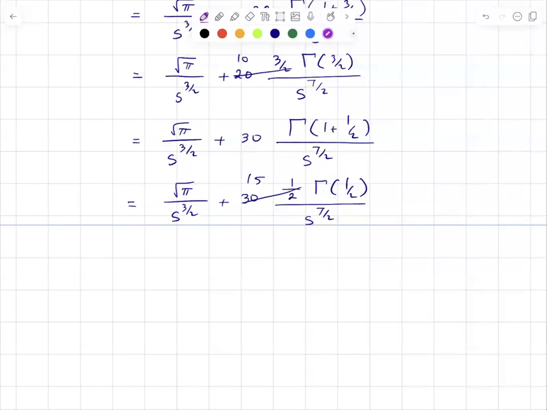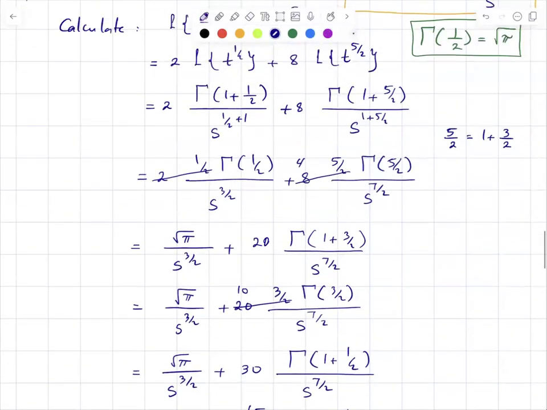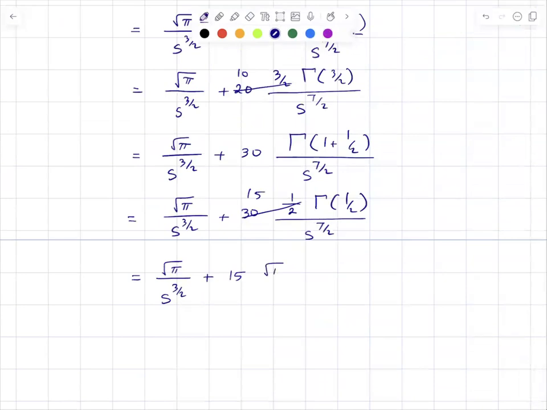And in our last step, here you have square root of pi divided by s to power 3 halves plus, here you have 15. And as you remember, the gamma of a half is just square root of pi. So you can just copy down here, square root of pi divided by s to power 7 halves.